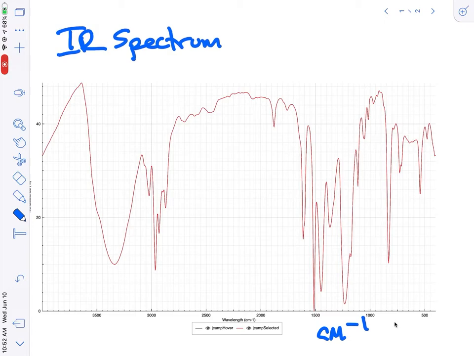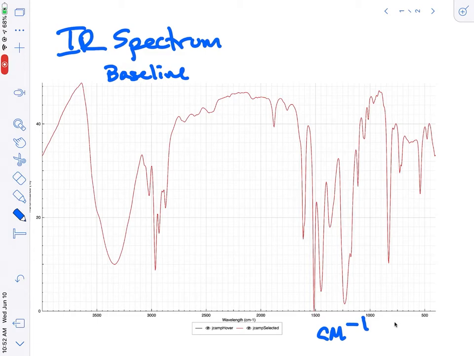Now, depending on how you've spoken about this in the past or what you've read or what you've looked at online, sometimes these are all called peaks. I tend not to call them peaks because the baseline is at the top of the spectrum. And then the absorption of the infrared laser is represented by the dip of that baseline.